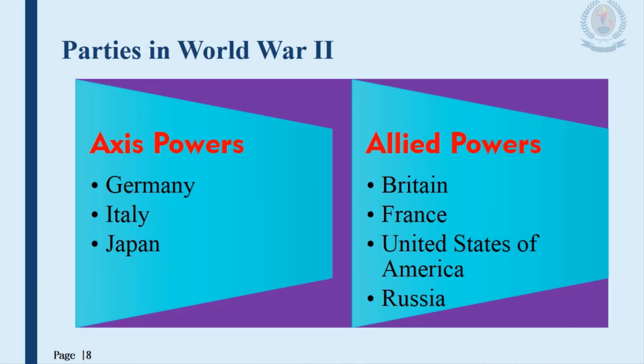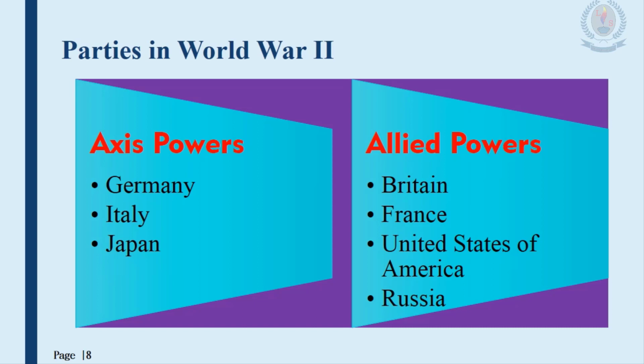As I mentioned earlier, when Hitler invaded Poland, that was the beginning of the Second World War. So Germany was an Axis power. When Hitler invaded Poland, Britain and France joined together and attacked Germany. So Britain and France became allied powers against Germany.